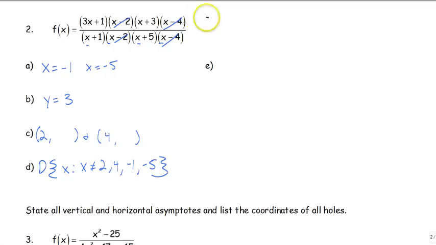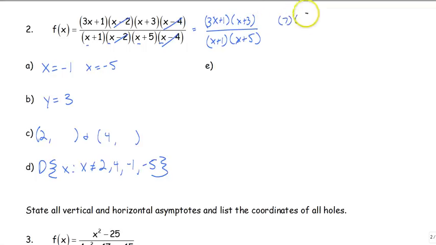So again, to find the holes, we take this simplified version of our equation and we plug in 2 and 4. So when x equals 2, we get 6 plus 1 is 7.